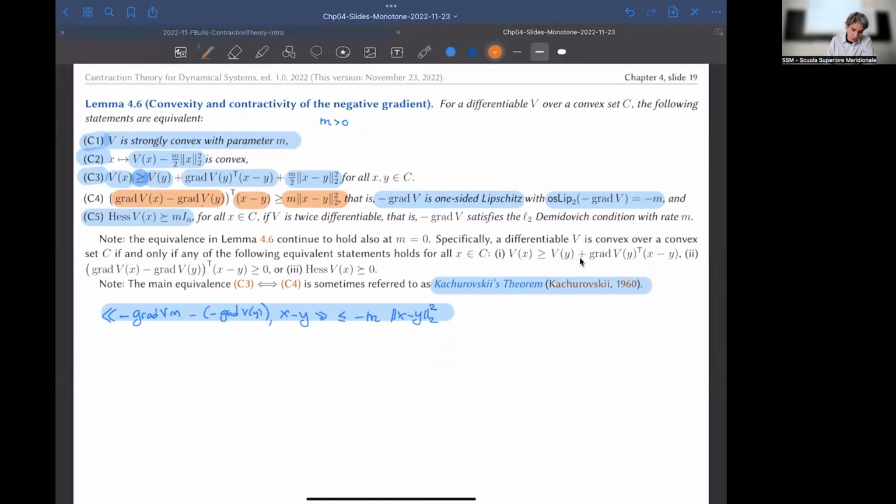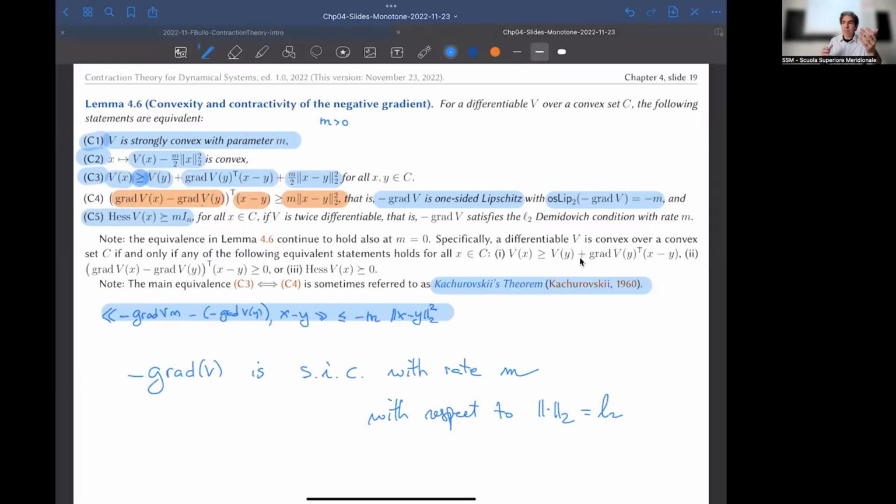So another way to put it is that minus the gradient of a strongly convex function V with parameter M is strongly infinitesimally contracting with rate M with respect to the 2 norm. Sometimes I write the 2 norm like that, sometimes I write it like L2.